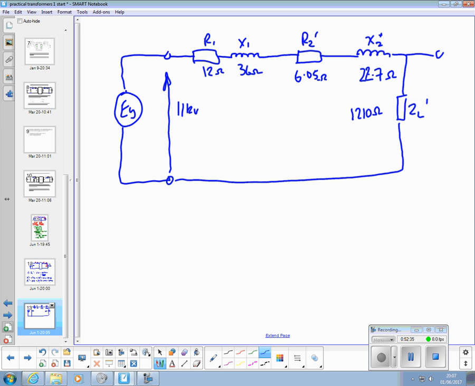And our ideal transformer is over here doing nothing at the moment. And we'd have a current flowing here, I1, that is also equal to this current here, I2 dash. Yeah?